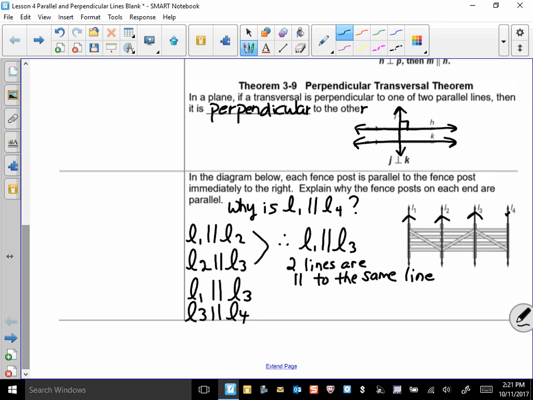Because that's given. So therefore, when I put these two things together, I can say L1 is parallel to L4 because of this same theorem that two lines are parallel to the same line. So they got to be parallel to each other. All right, that's how I know those fence posts on each end are parallel.